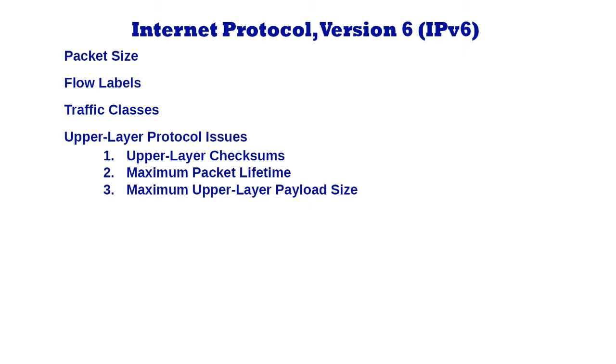Maximum upper layer payload size. When computing the maximum payload size available for upper layer data, an upper layer protocol must take into account the larger size of the IPv6 header relative to the IPv4 header.